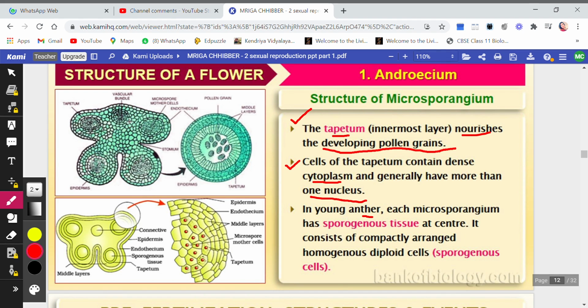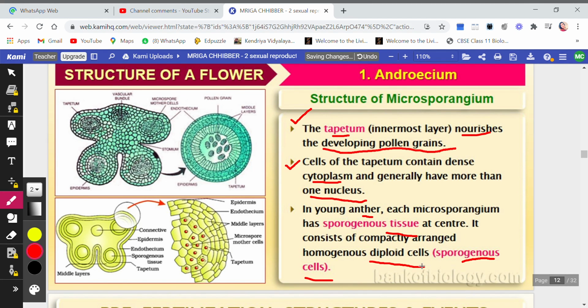Each microsporangium will have sporogenous tissue at the center, and this sporogenous tissue will be made of diploid cells. You have to underline this. This is very important: sporogenous cells are always diploid. So sporogenous tissue is made up of sporogenous cells, and sporogenous cells are diploid.